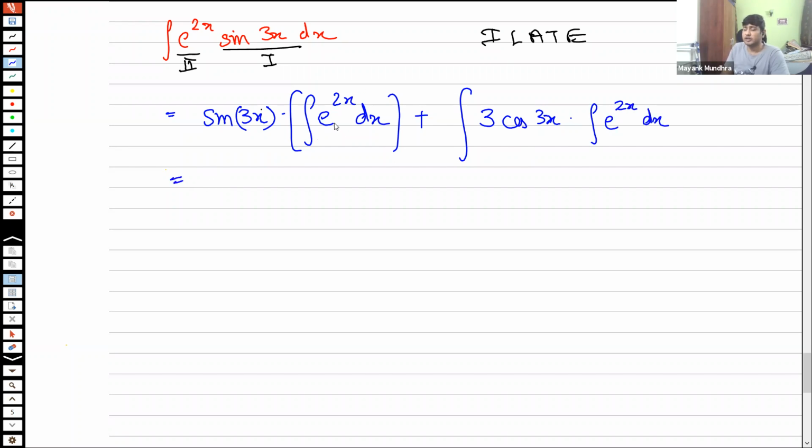Now integration of e to power 2x is e to power 2x by 2. So this is sine 3x into e to power 2x by 2 plus integration of 3 cos 3x into e to power 2x by 2.